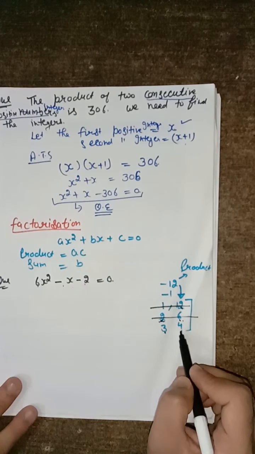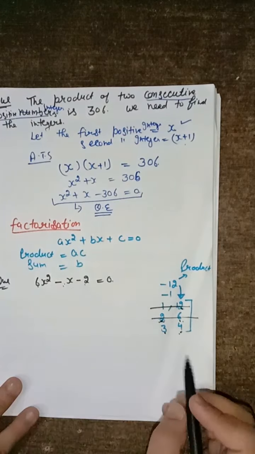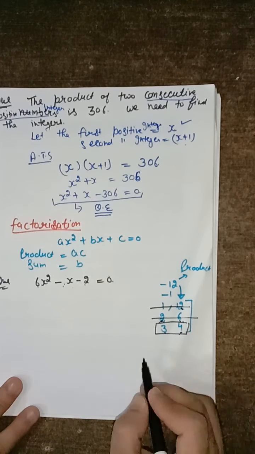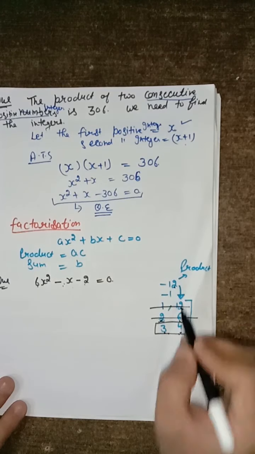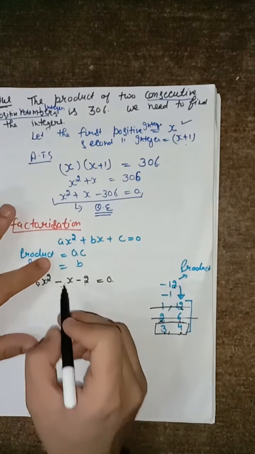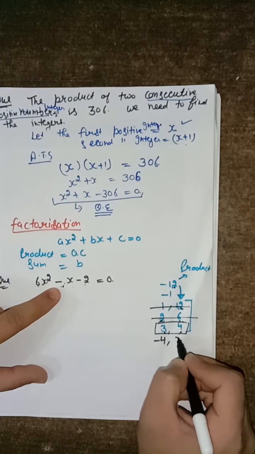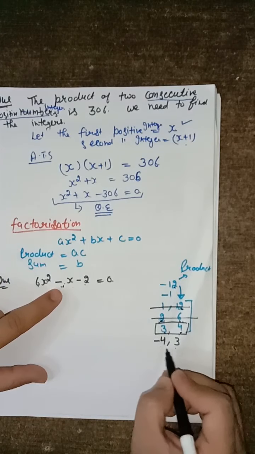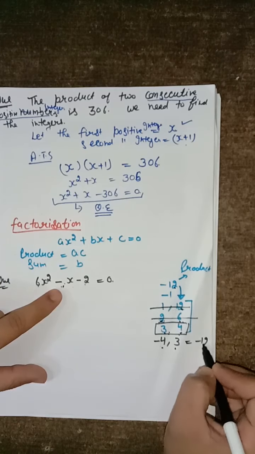Here sum is 7 and difference is 1, which is required, means these are the two numbers whose product is 12 and the difference is 1. So if we want the difference minus 1, then we should take minus 4 and 3. Then their addition will be minus 1 and product will also be minus 12.